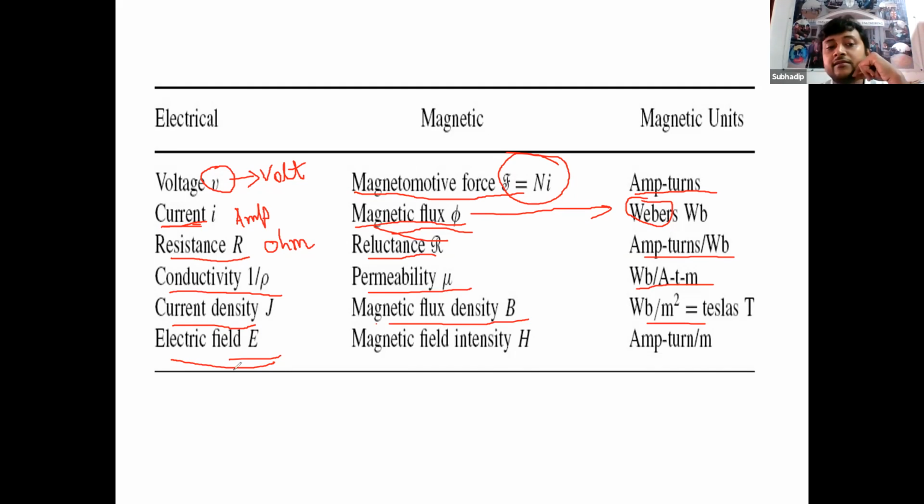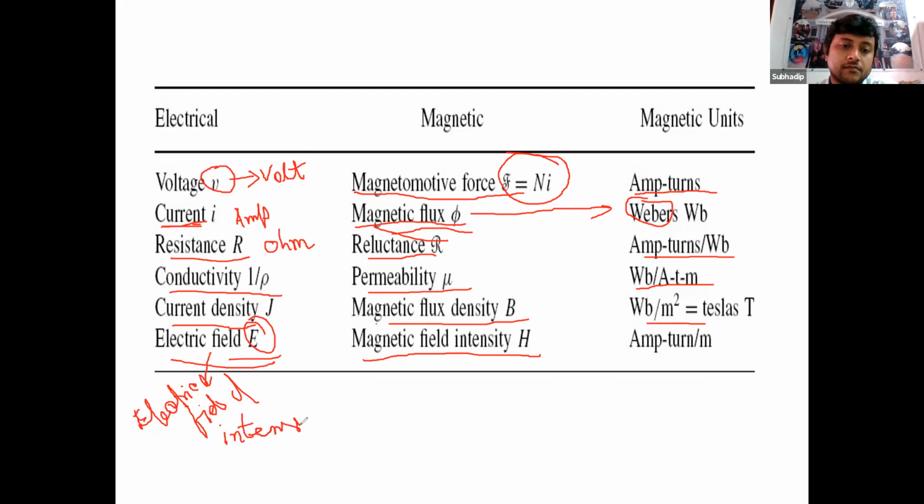And in case of magnetic circuit, the electric field will be similar to magnetic field intensity. Sometimes this electric field is also called electric field intensity.